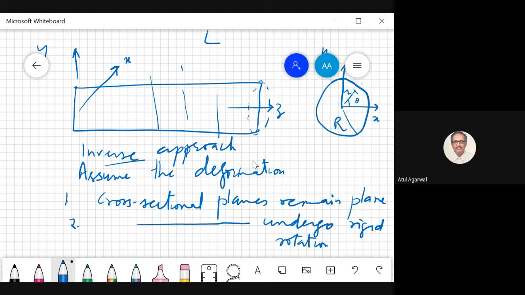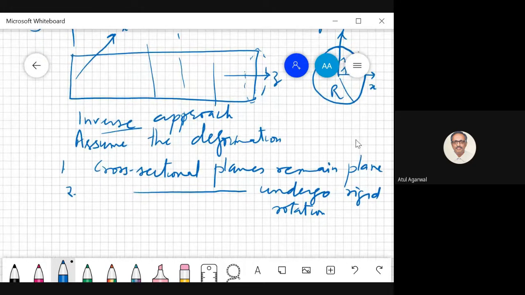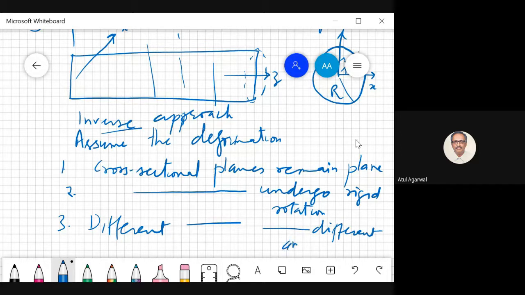Take any plane, it will just rotate fully. It turns and rotates some amount. Different cross-sectional planes undergo different amounts of rotation.